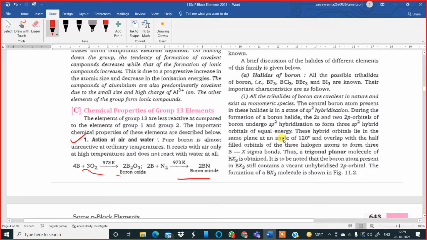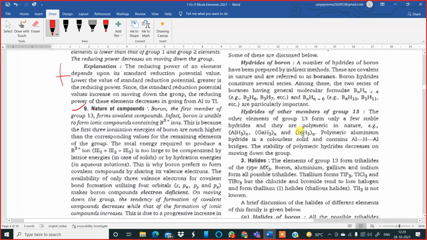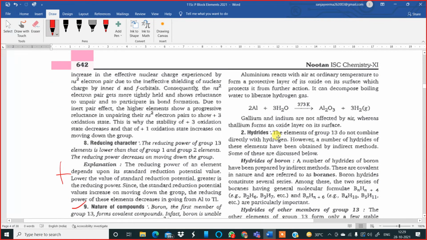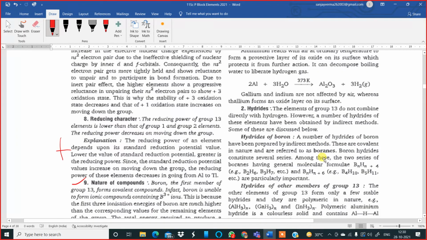With nitrogen also it reacts to form boron nitride. Then aluminium with water, that is steam, forms aluminum oxide. The elements of group 13 do not combine directly with hydrogen. However, a number of hydrides of these elements have been obtained by indirect methods, which have been discussed here.